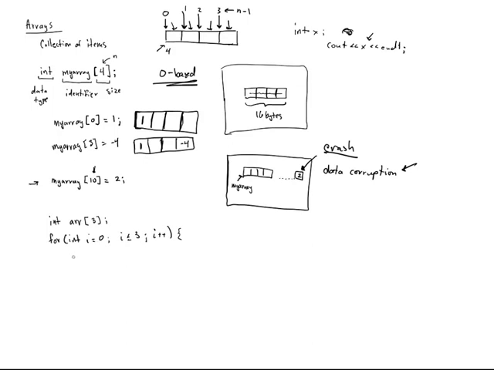Okay, and then we're going to set array of I equal to I. So what it's going to do is set our array into incrementing values.